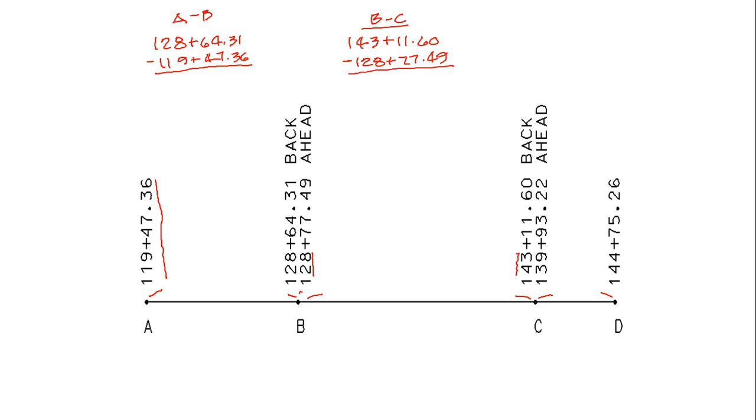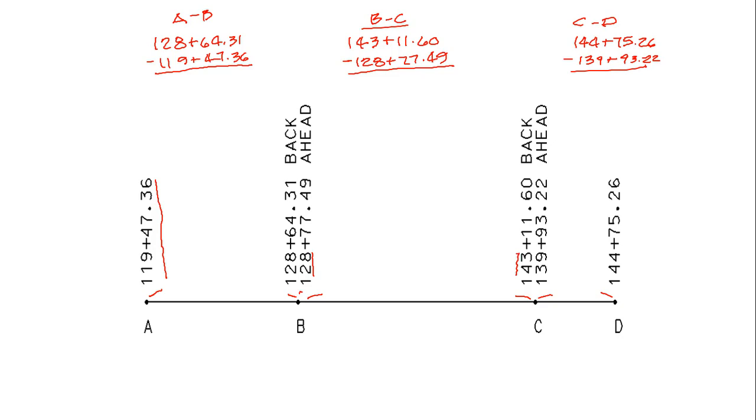And then from C to D, you're going to do 144 plus 75.26 minus 139 plus 93.22. And that'll give you the distance between those points.